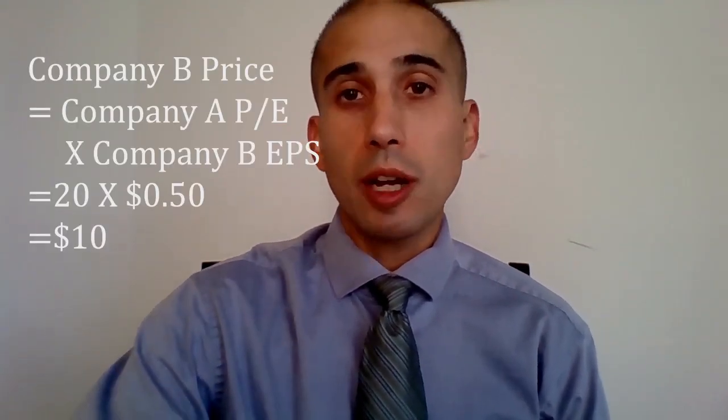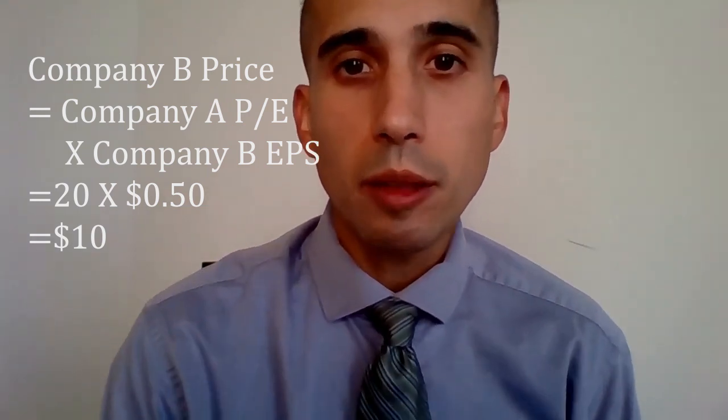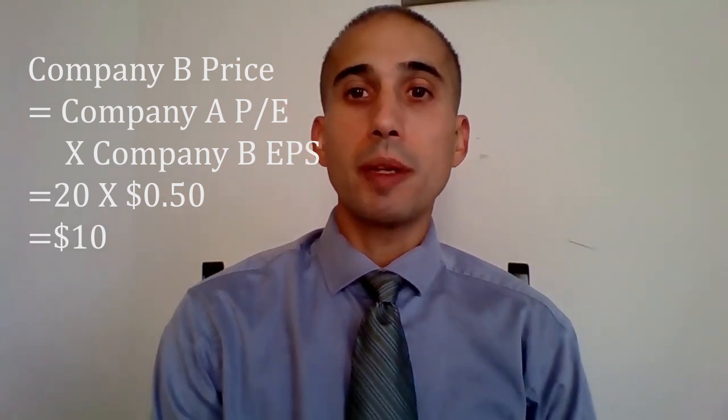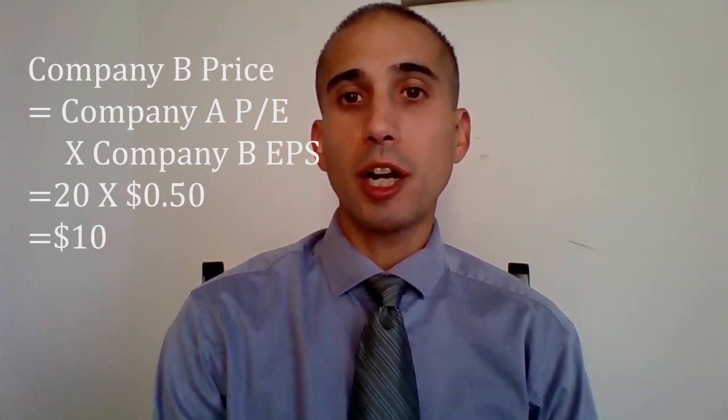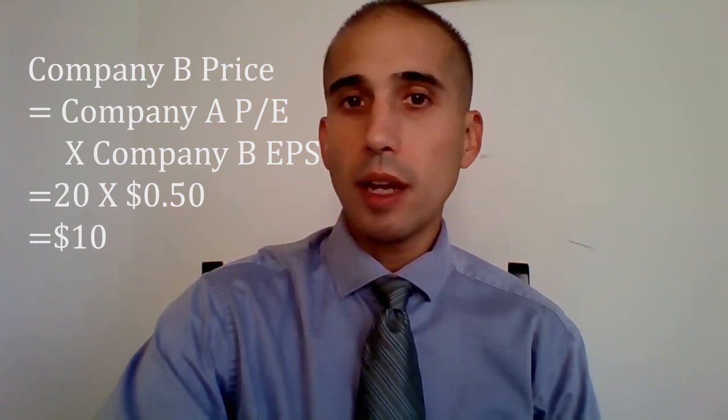Company B should be similar to company A in growth prospects and risk. We would expect that the market also would value company B's 50 cents in earnings per share at a rate of $20 per $1 of earnings. Therefore, company B's price should be 50 cents times 20 equals $10 per share.